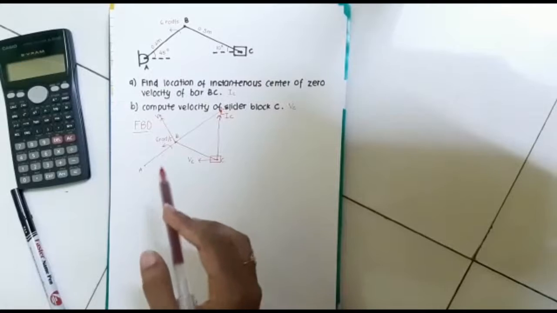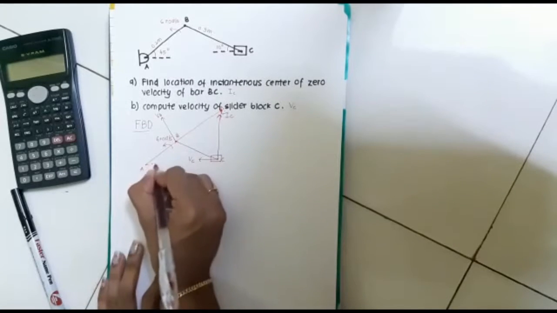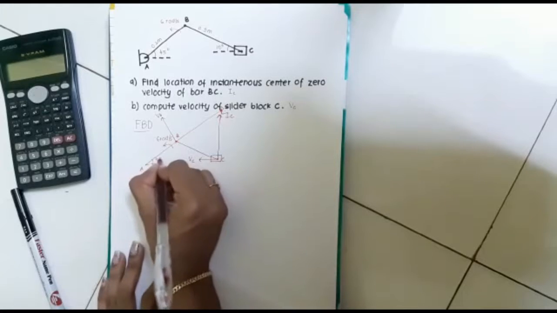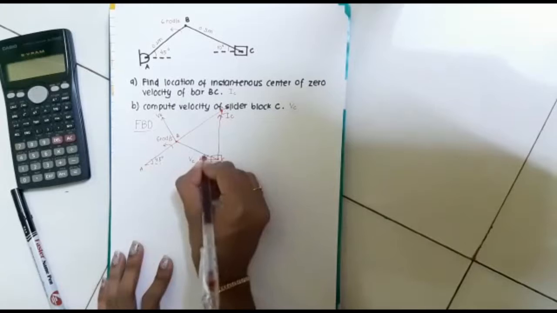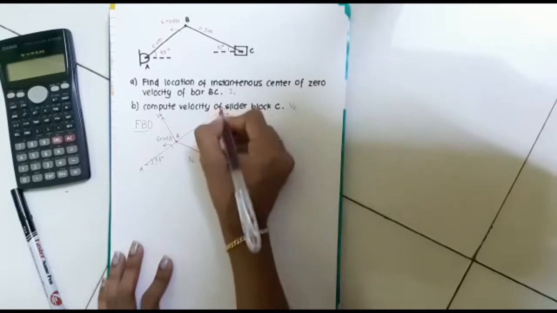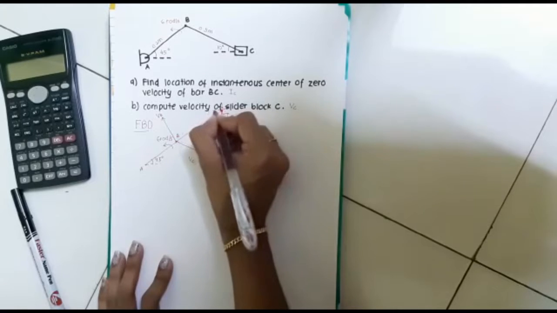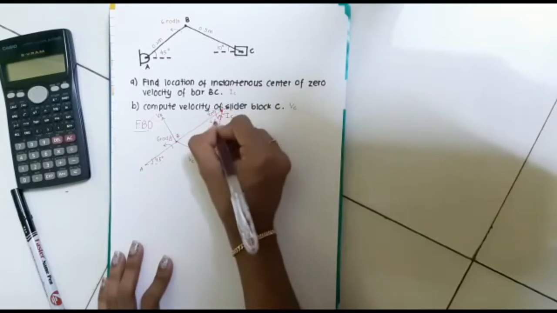And now we can proceed to draw the angles given. So here we know that it is given 45 degree and here is 10 degree. So this is 90, here would be 80 degree automatically. And here it is 45. It is 45 too.